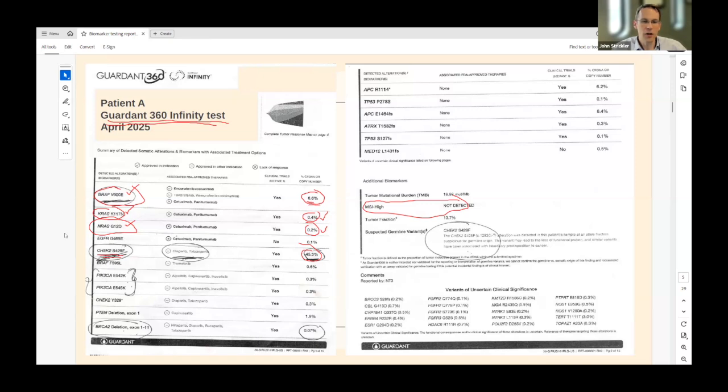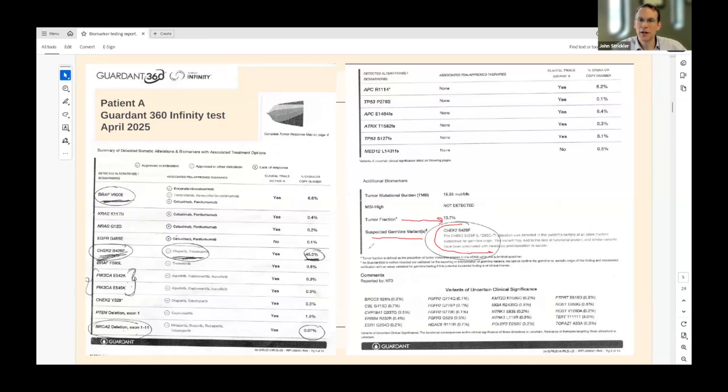And Guardant has helped us with this, and they've actually called it out on the report: suspected germline variant, right here.